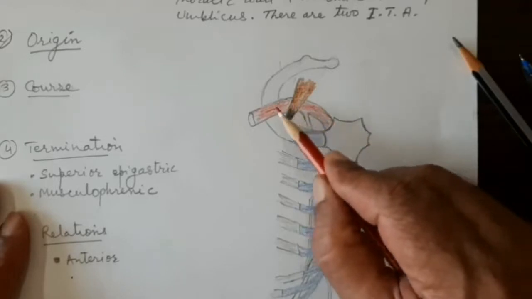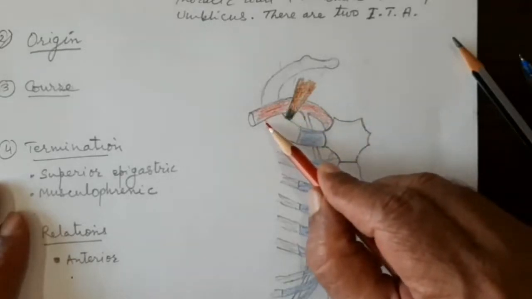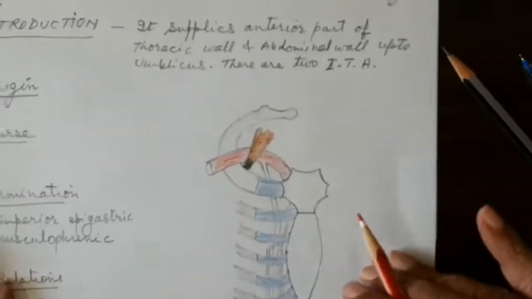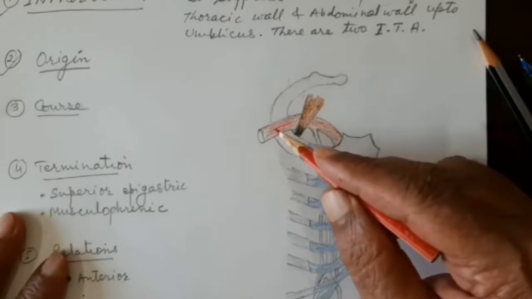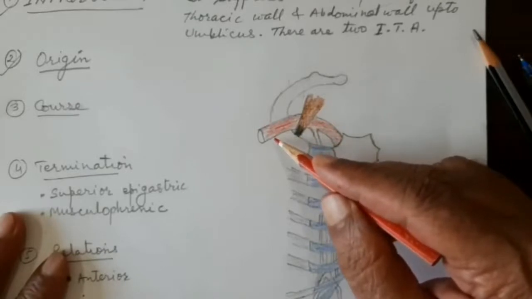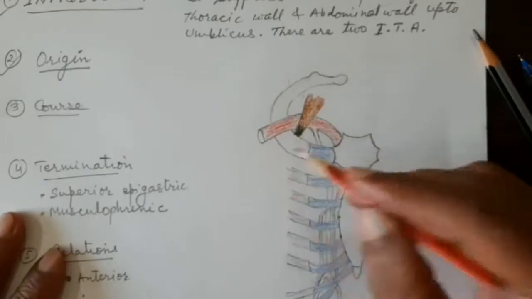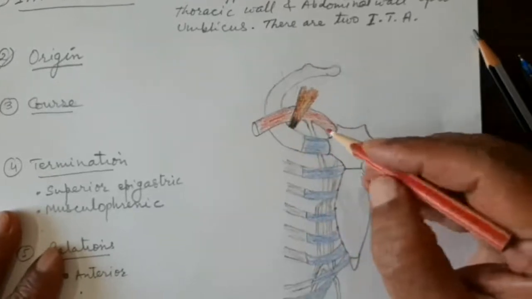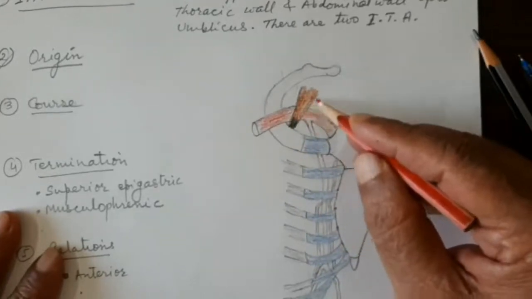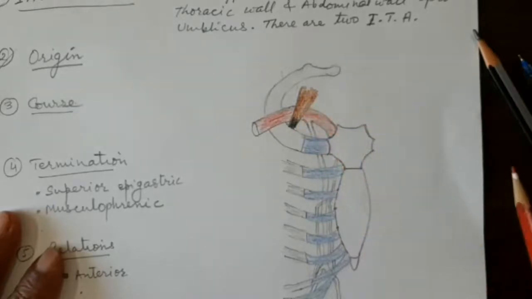Then it forms an arch and comes out from the outer border of the first rib, where it becomes the axillary artery.